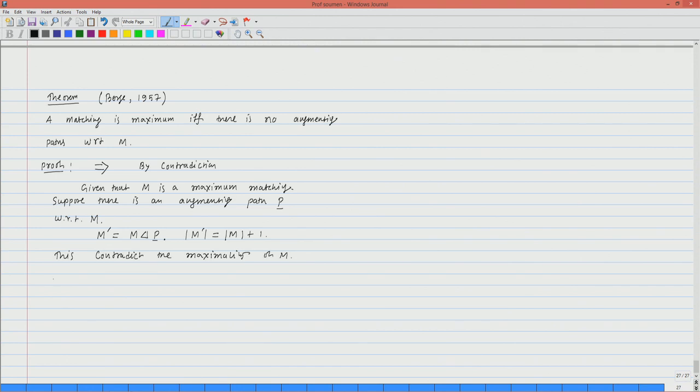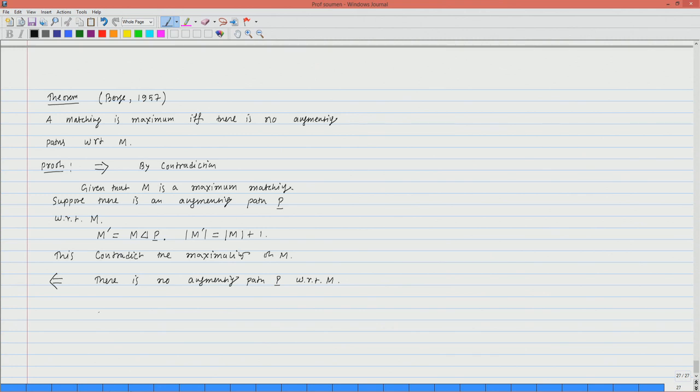Okay, this part is reasonably okay, and the other part is you are given that there is no augmenting path P with respect to M, and then you have to prove that the matching M is a maximum matching.